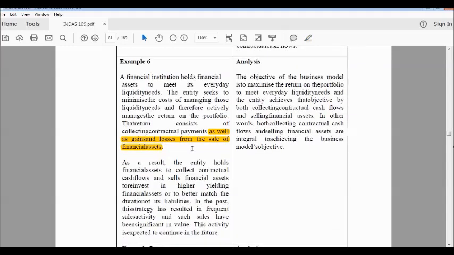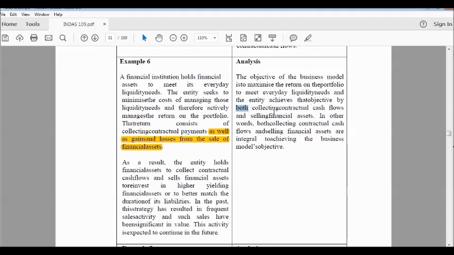So it is easily recognizable that your objective is both selling the financial asset and also collecting the cash flow. If you check the analysis, the objective of the business model is to maximize the return on the portfolio to meet everyday liquidity needs, and the entity achieves that objective by both collecting cash flows and selling the financial asset.